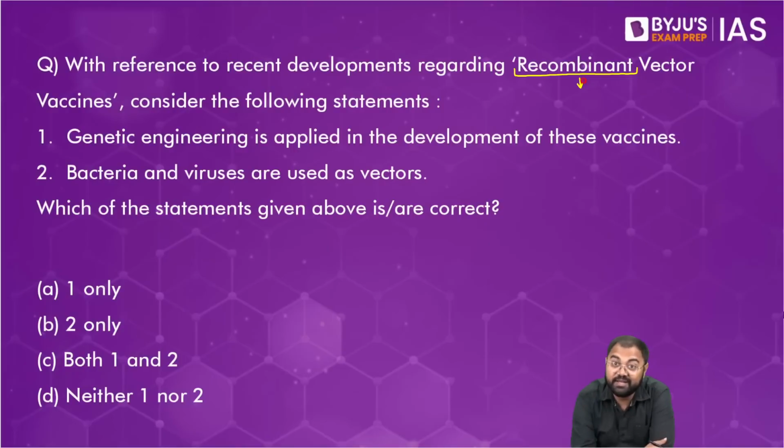In recombinant DNA technology, if you remember, we discussed that in producing transgenic plants. So what was this recombinant? Recombinant was a combination of two genes that we were doing artificially. So it is genetic engineering, correct? It is a form of genetic engineering. So that's the first sentence: genetic engineering is applied in the development of these vaccines. So the word recombinant says that. Then the second term is vector. This is where we had discussed two genes combining.